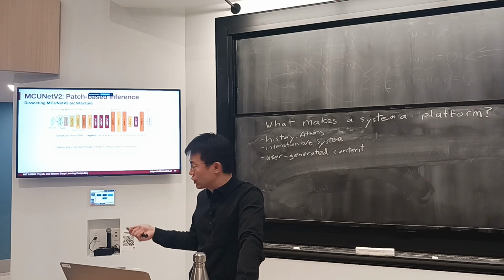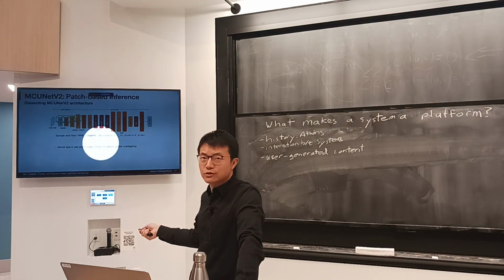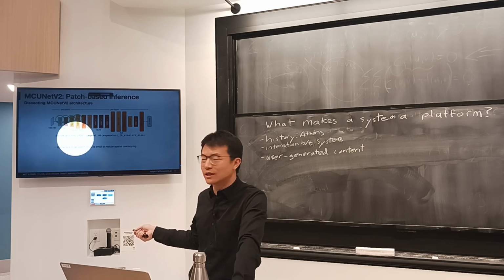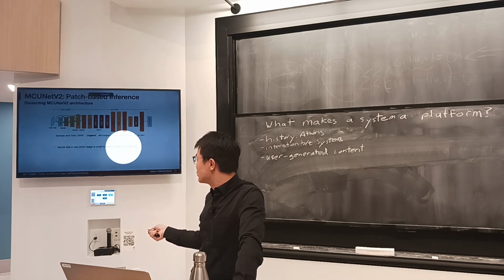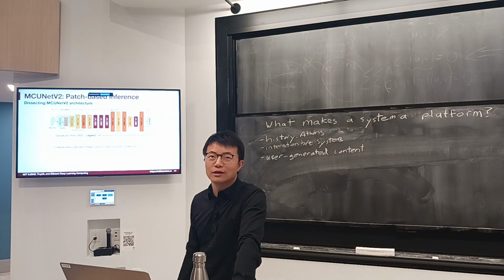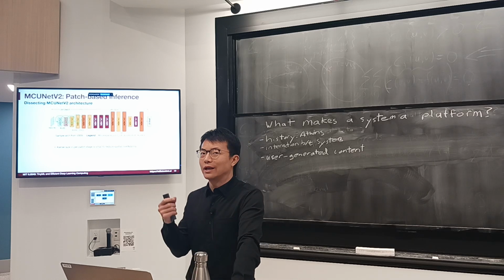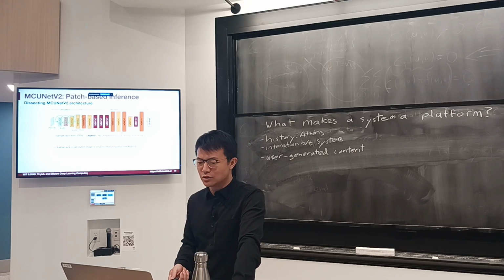The kernel size is actually chosen to be pretty small. That's a decision made by our neural architecture search algorithm to reduce spatial overlapping. The smaller the overlap, the smaller the halo, the less overhead for compute, which makes a lot of sense.